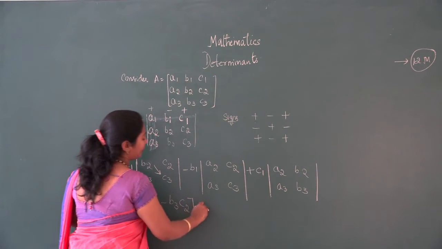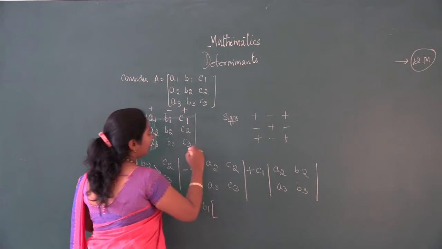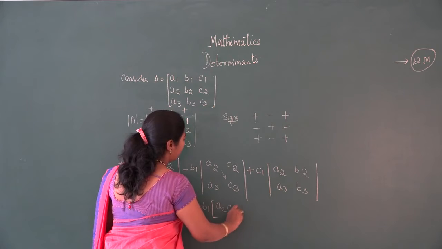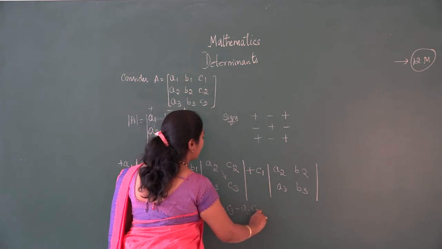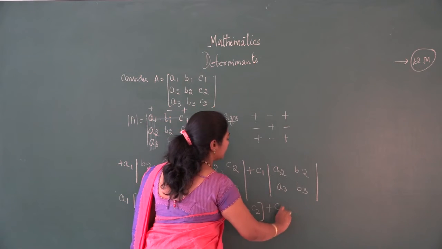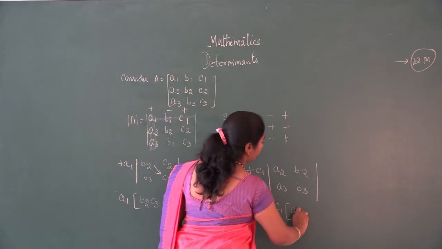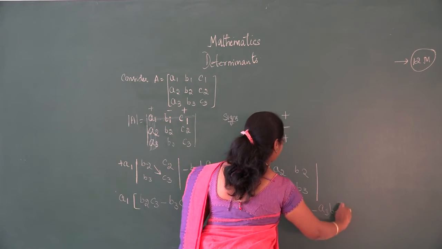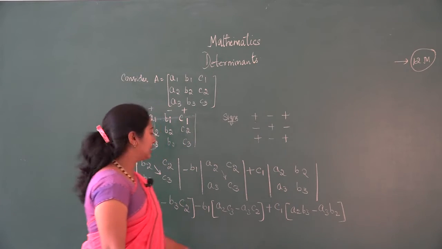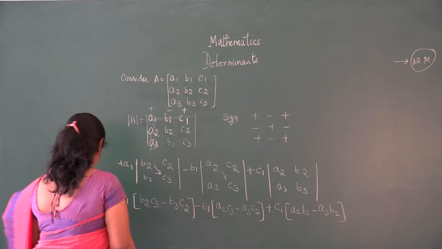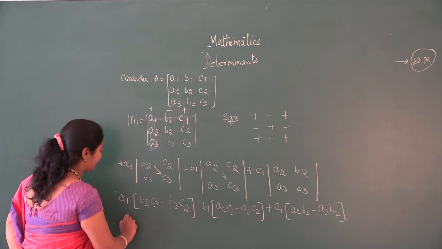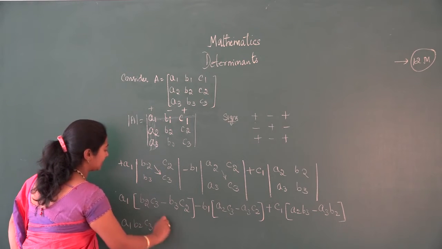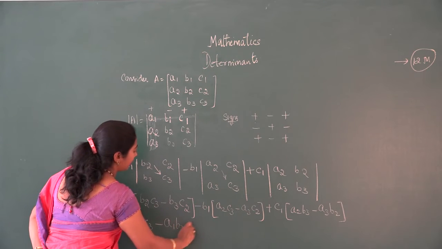What is the element left here? Minus B1. How do we calculate this? A2 C3 minus A3 C2, plus C1 into A2 B3 minus A3 B2. This is the value of the 3 cross 3 determinant. So multiply each term. A1 B2 C3 minus A1 B3 C2.